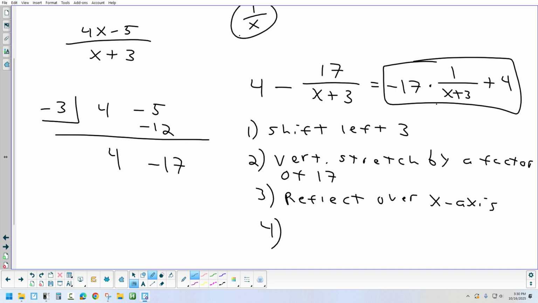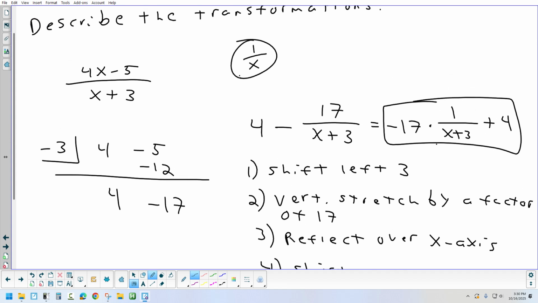Shift down 4 units or shift up? Yeah, one of those. Which one? Up or down? Up. Okay, vertical is not backwards. Plus is up, minus is down. So those are how you describe the 4 transformations to change this into that.